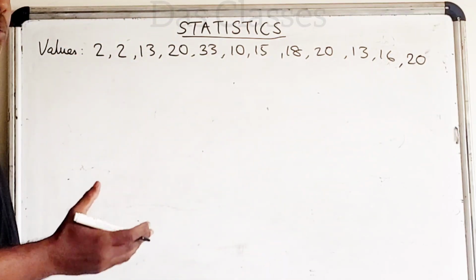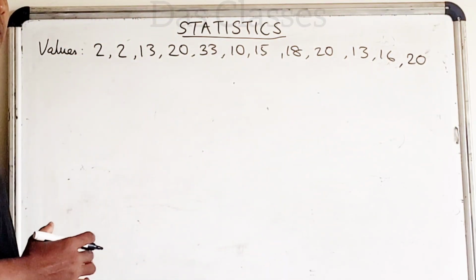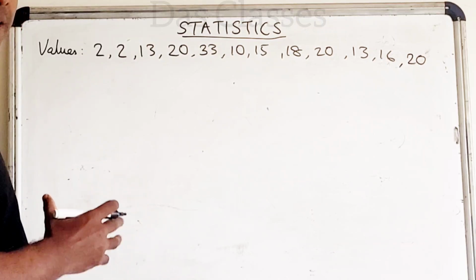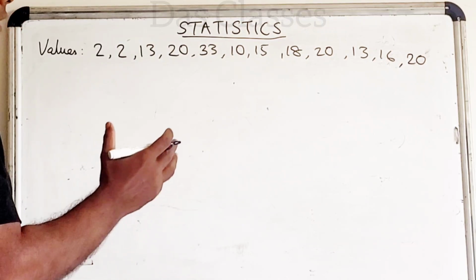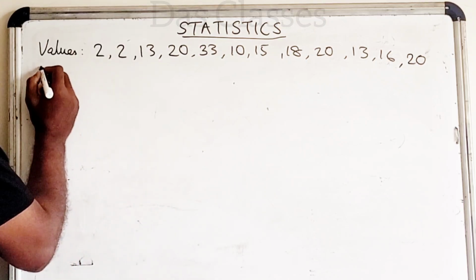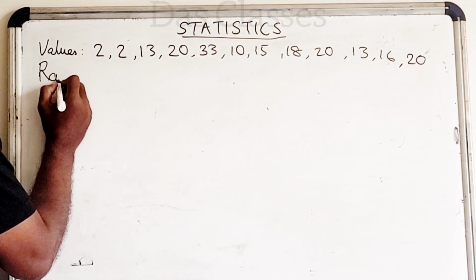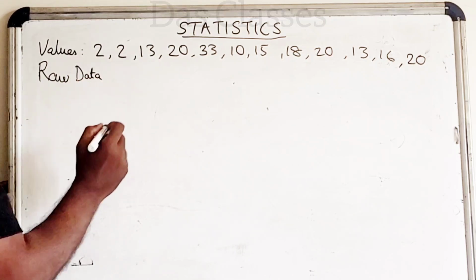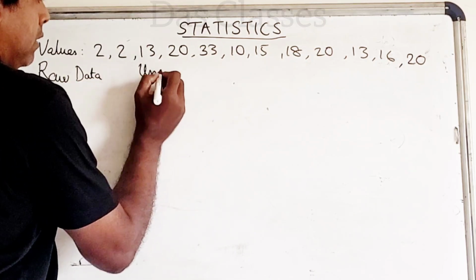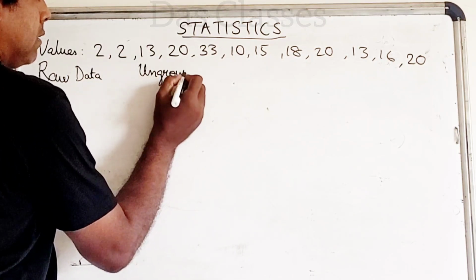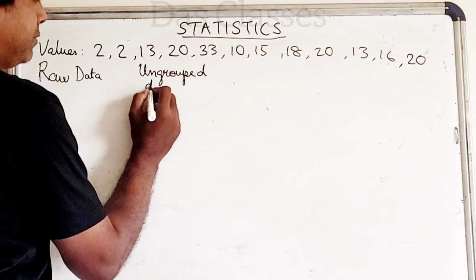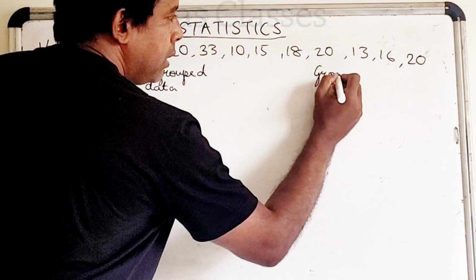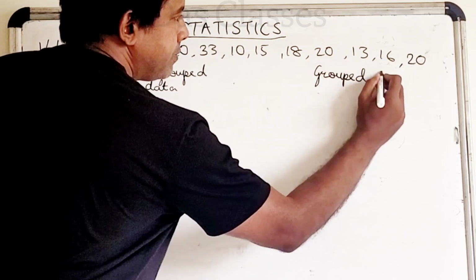So how do we put this in a group form? Basically in statistics, the information given can be divided in the form of raw data or ungrouped data or grouped data.